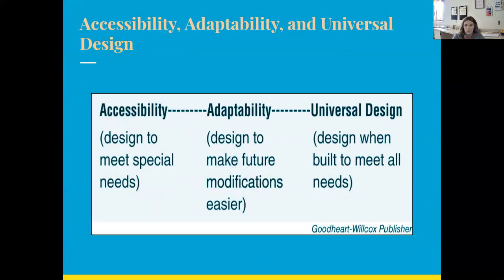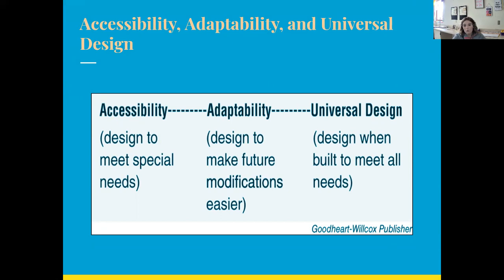So in design, what do those 3 terms mean? Accessibility means designing to meet special needs. So if somebody has a wheelchair, we can make a space accessible by adding a ramp. Adaptability, designed to make future modifications easier.